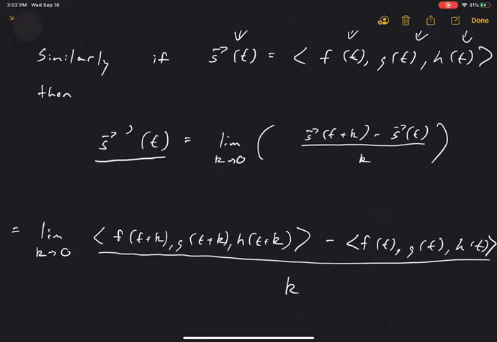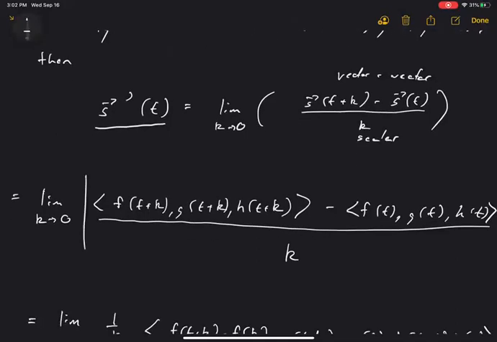We know from our previous definition it's going to be this limit, and I'm going to use k here just to avoid any confusion with notation. It's still the same form of the limit. We have s(t+k) minus s(t), divided by k. So remember, this is a vector minus a vector, and then I'm dividing by a scalar.